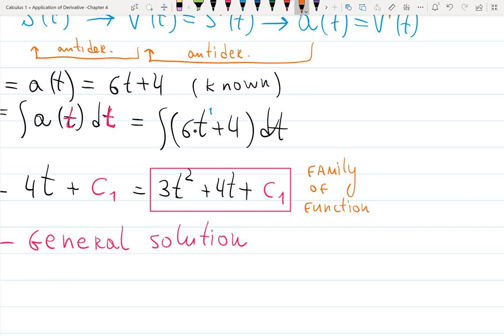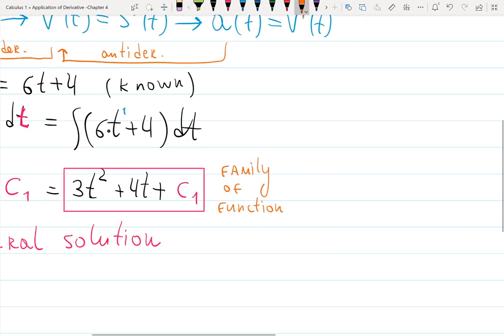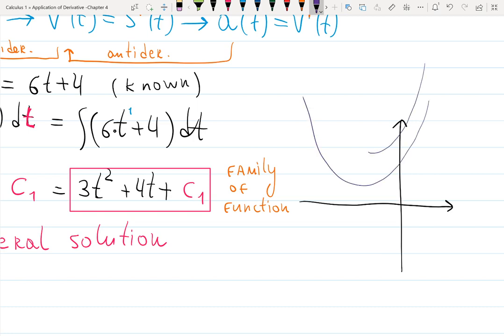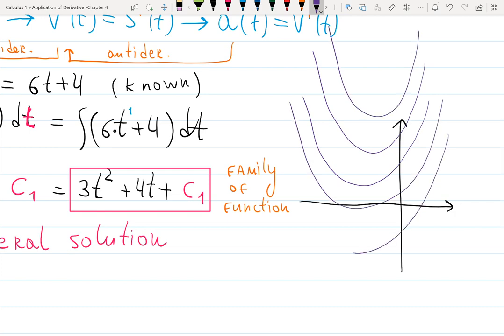Those are actually parabolas. And what is happening here is I can draw all of these parabolas. Well, not all of them, of course. But basically, those are some kind of parabolas looking like this. One, and one more, and then one more. If c is negative, it's going down. The more negative c, the more it keeps going down. So it's a family of functions, family of solutions for the velocity function.